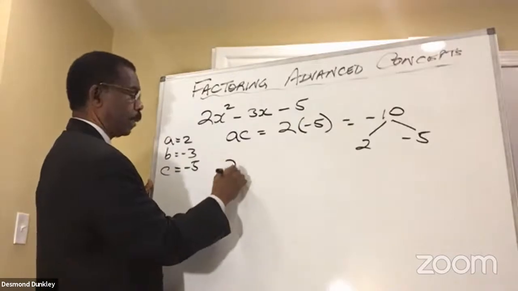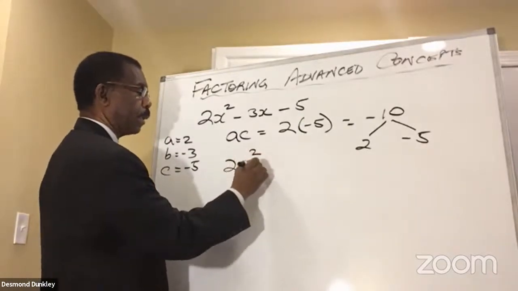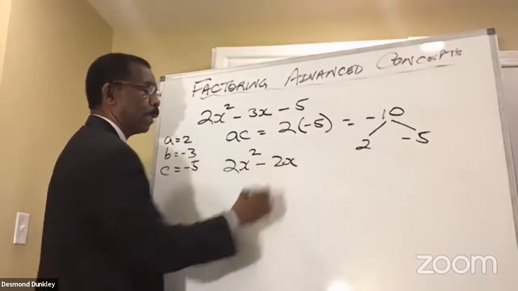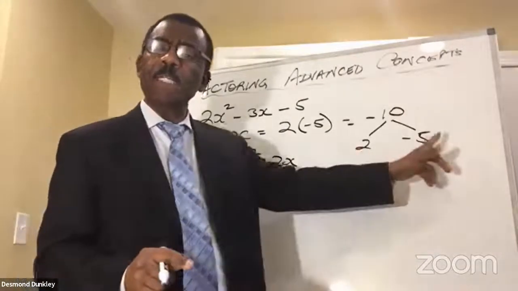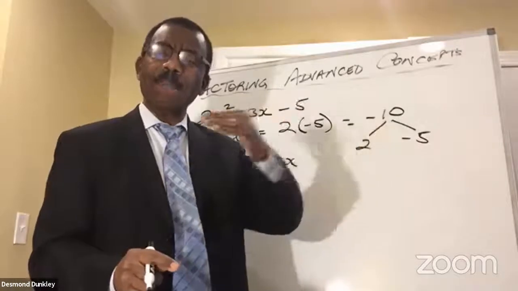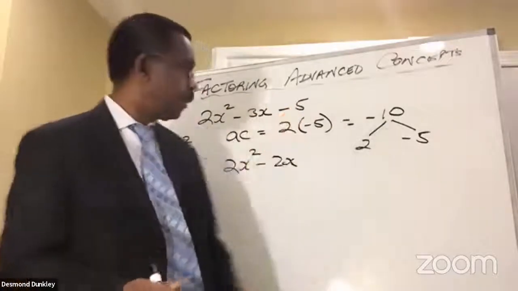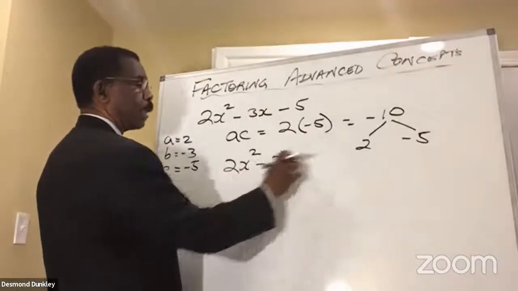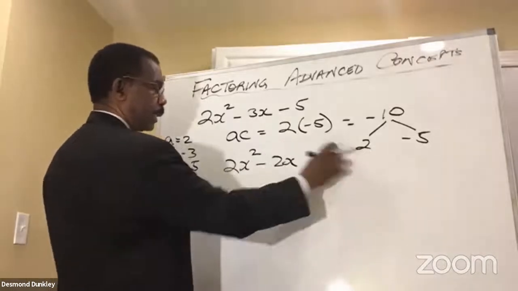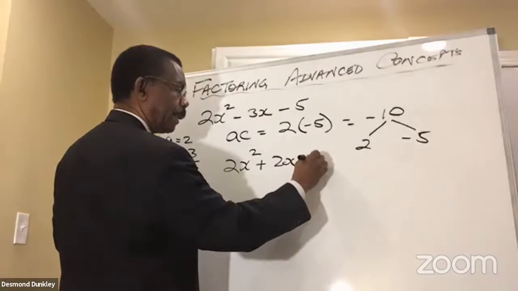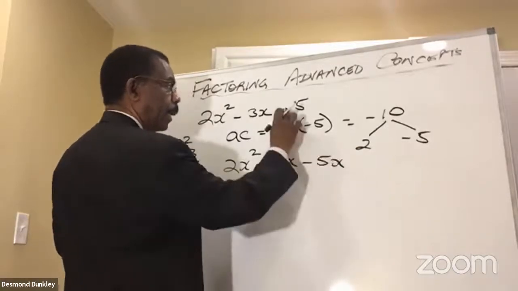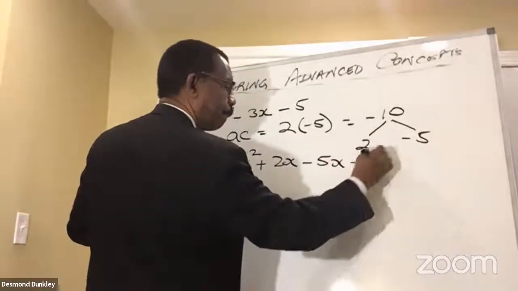So now let's replace this middle term with two terms. We end up with 2x squared minus 2x. By the way, it doesn't matter if I go the negative 5 here and the 2 there, we will get the same answer. So it's 2x squared, plus 2x, positive 2x, negative 5x, and negative 5.